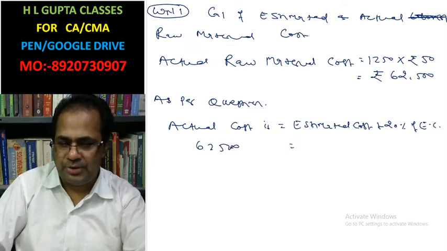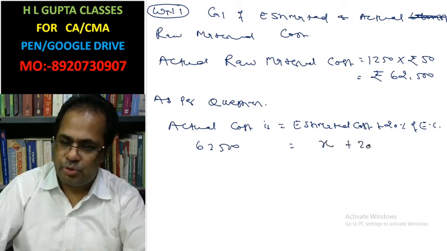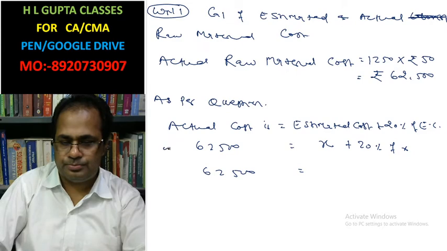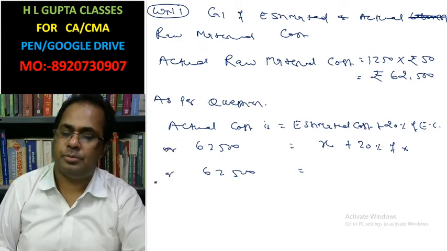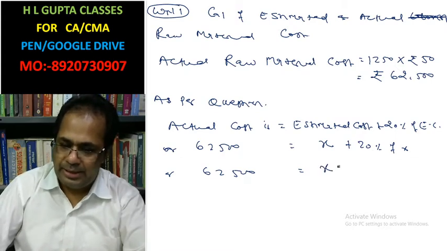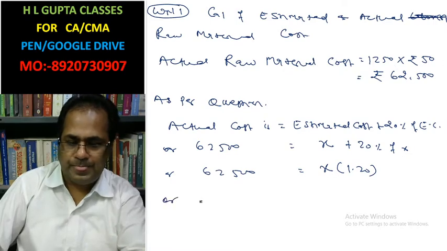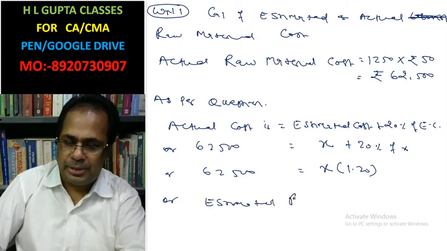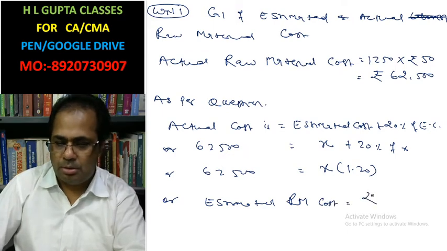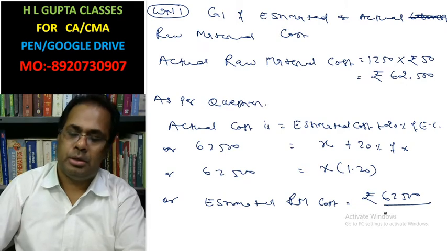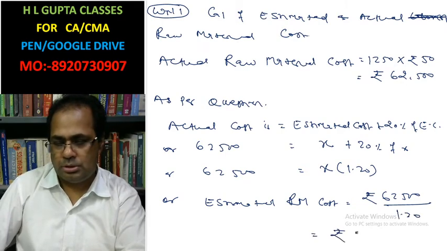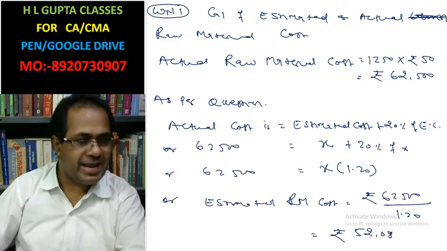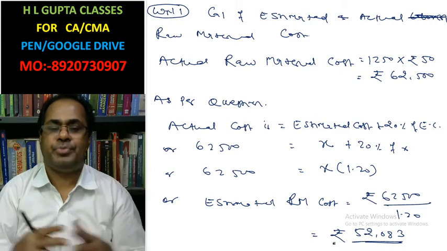Suppose the estimated is x, then actual is 62,500, or x into 1.20. So the estimated raw material cost will be rupees 62,500 divided by 1.20, that is rupees 52,083. It is calculated on the basis of the information given.